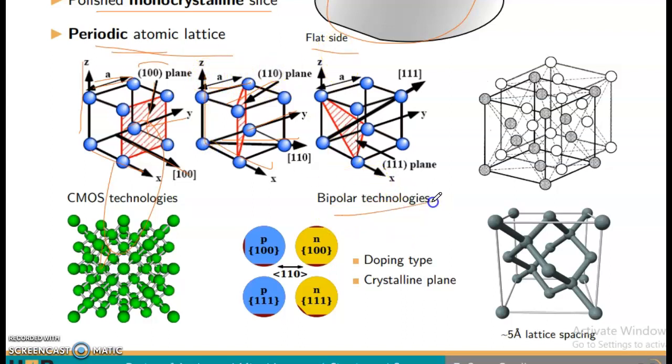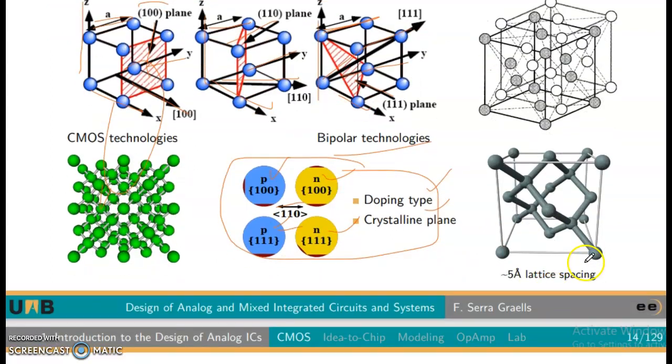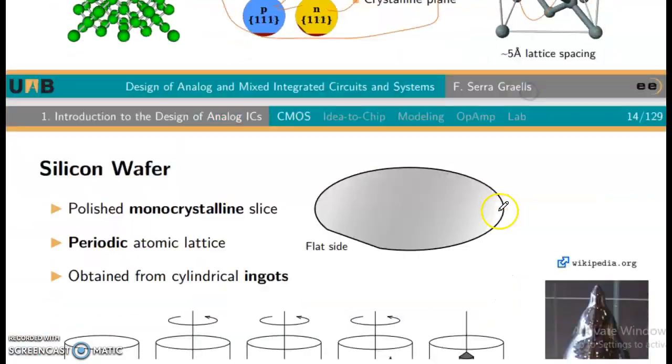Here, in bipolar technologies, the x-axis and y-axis are crystalline planes with distance a between them, and the z-axis is the doping type crystalline plane. Here p 100, n 100, in between 110, p 111, n 111, with lattice spacing a.